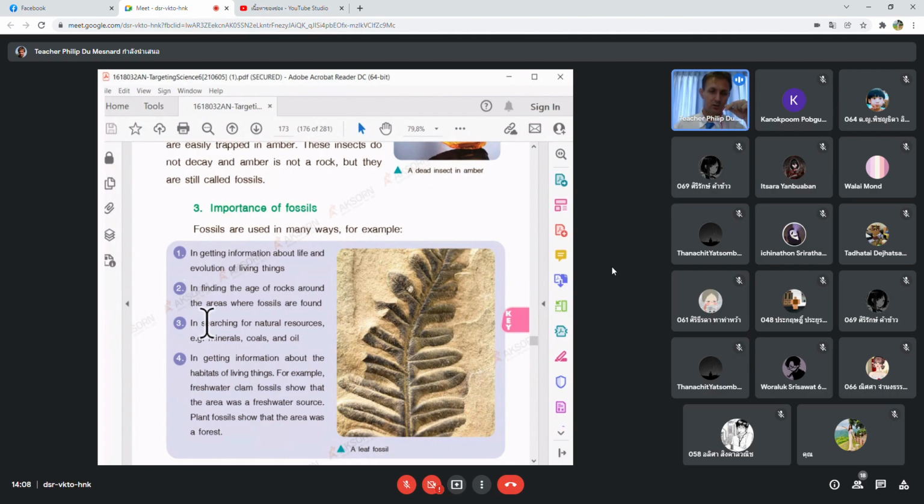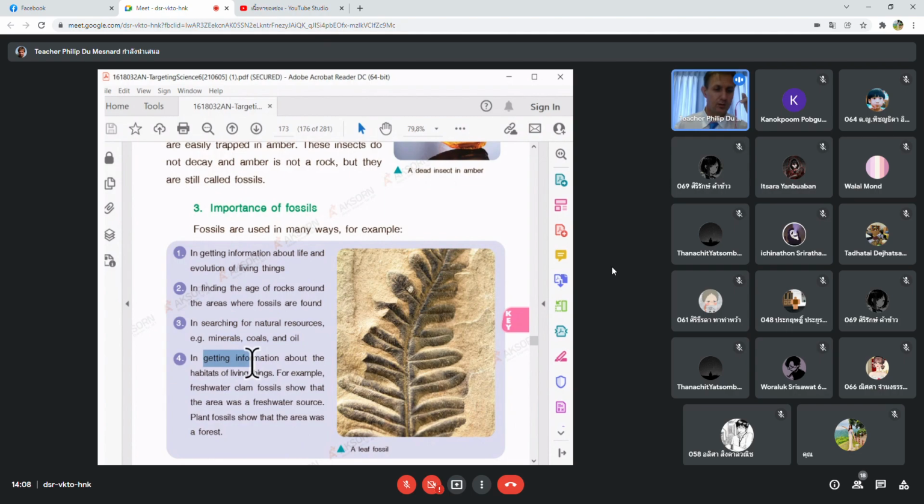Okay, the answer is on this page. This is why people look at fossils. So you can learn about some animals or some plants that lived a long time ago. You can find the age of the fossils. You can find oil and coal.